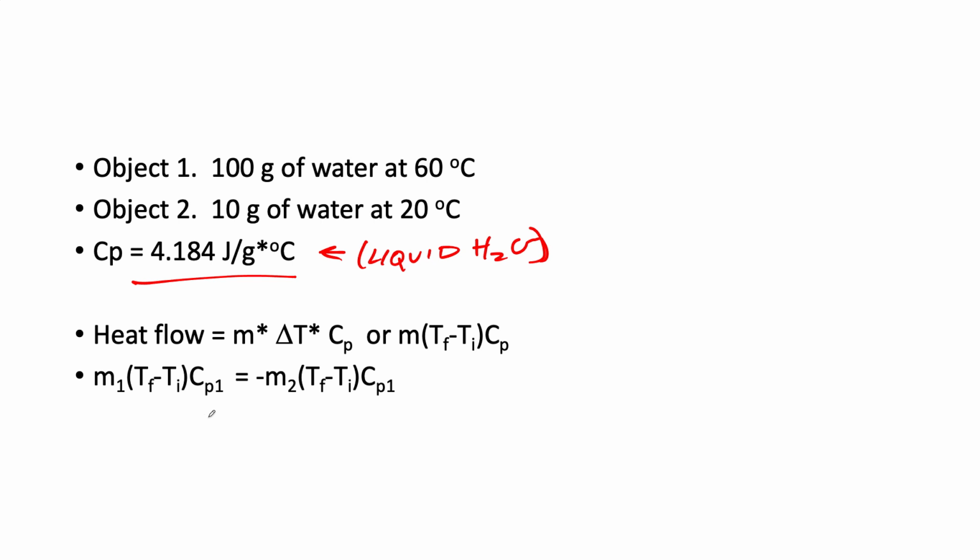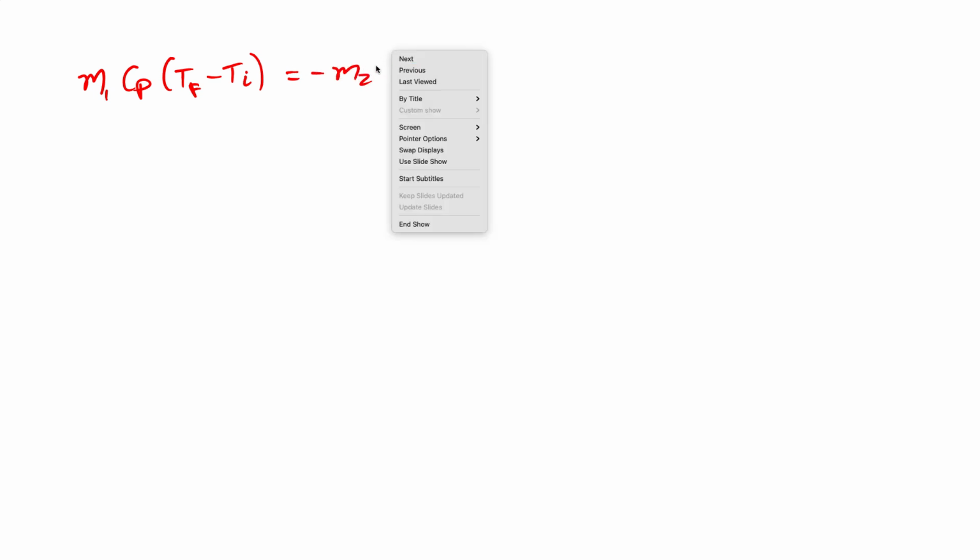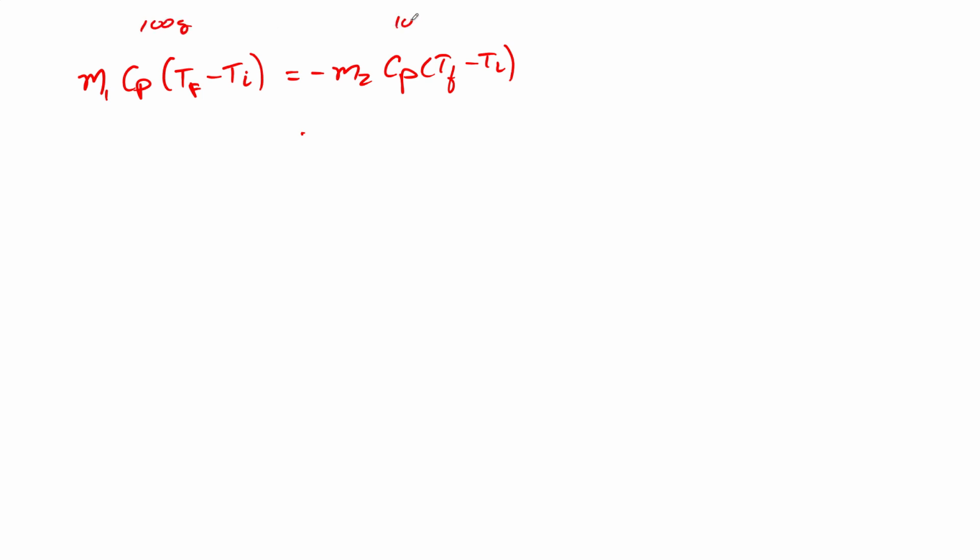So what I'm going to do is move this over to this and rewrite it as M1 times Cp times Tf minus Ti is equal to negative M2 Cp Tf minus Ti. Now this is going to be 100 grams of water, and this is going to be 10 grams.